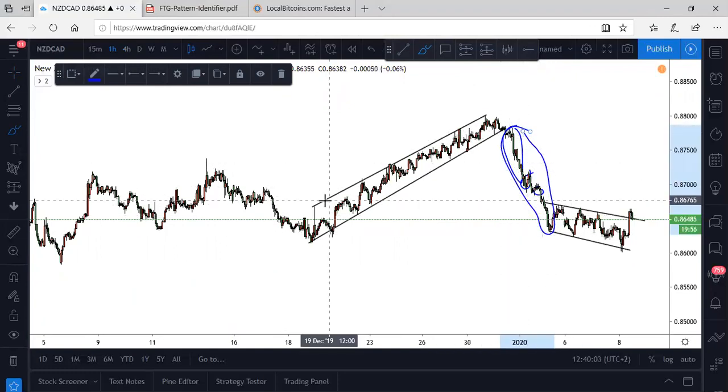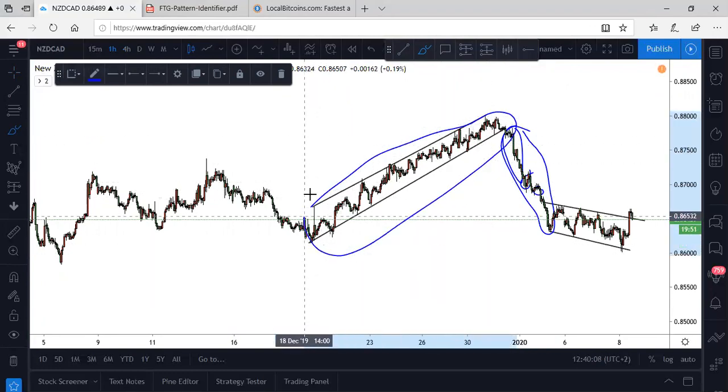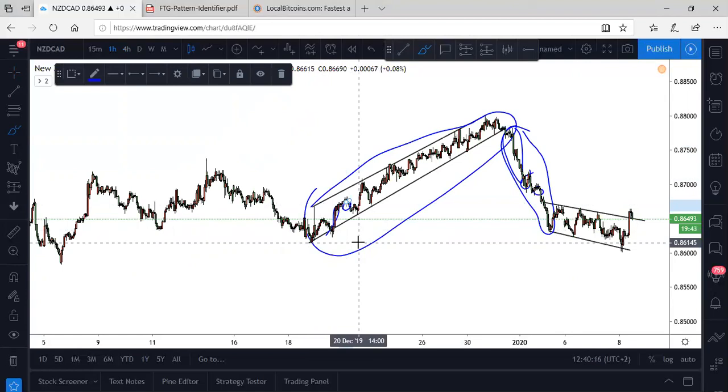As you can see here, this is a big correction, but inside there are impulses and corrections. So what I want to tell you is that the market can't always give you a clear structure, but what you can do is identify what phase we are in.